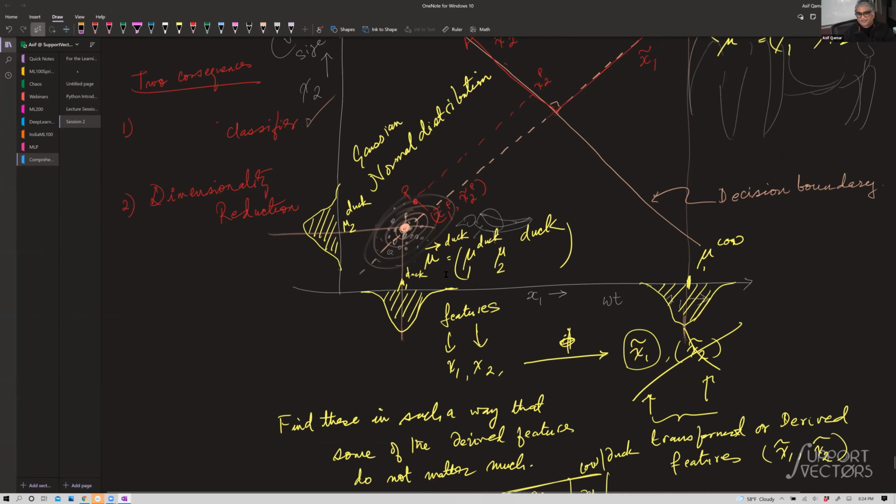I won't get into it. We can look at SVD and eigenvalue decompositions later. But there is enough reason to just intuitively see that this happens. So you can actually reduce the size of the problem.